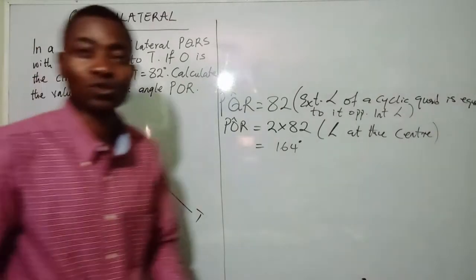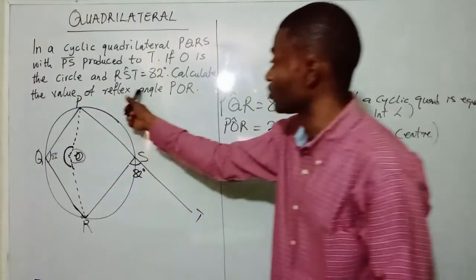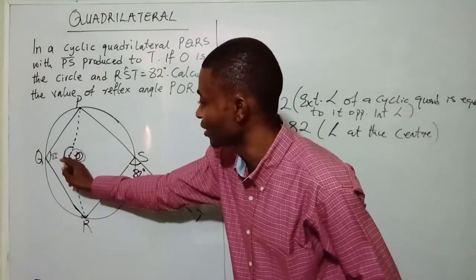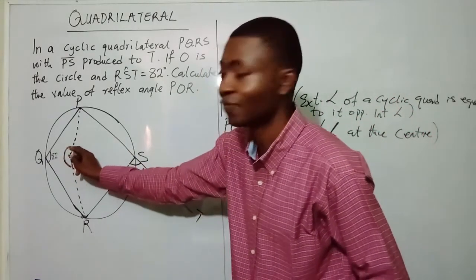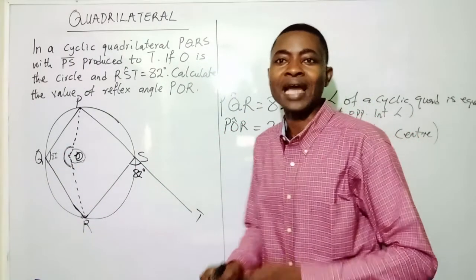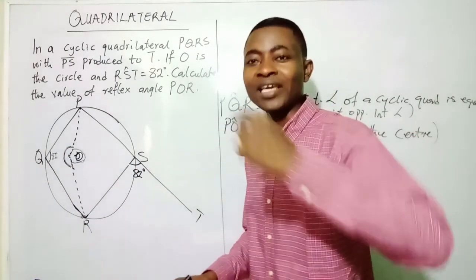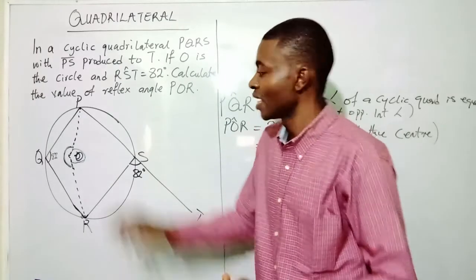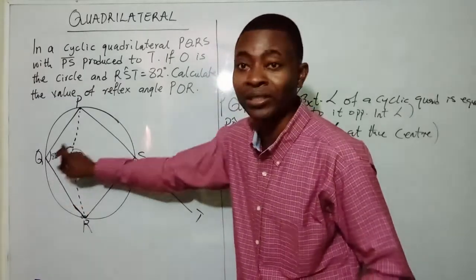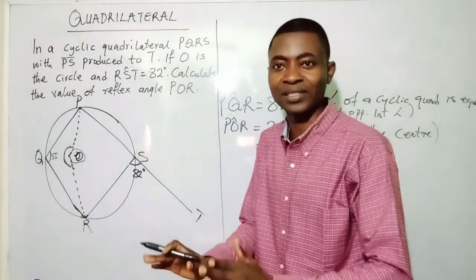Remember, the question said we should find the value of the reflex angle POR. This side here is the reflex. So how will I get the reflex now? Remember also that the sum of angles at a point is equal to 360 degrees. That means the sum of all the angles at this particular point is 360 degrees.